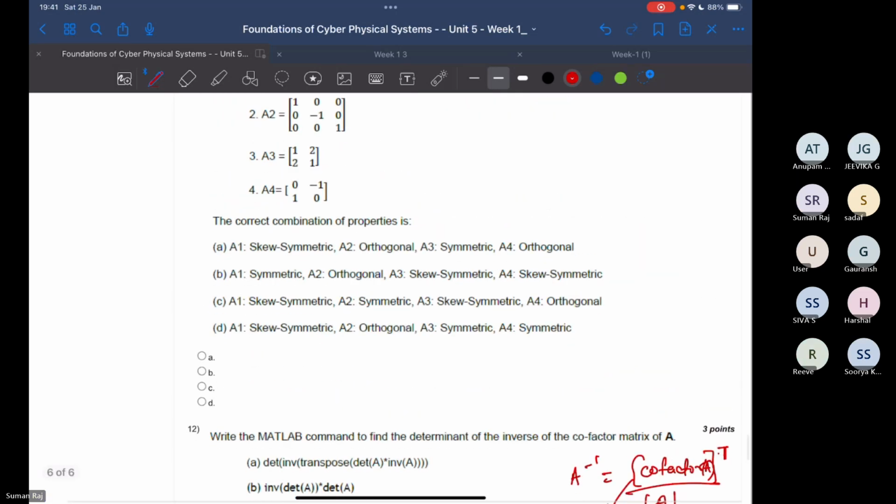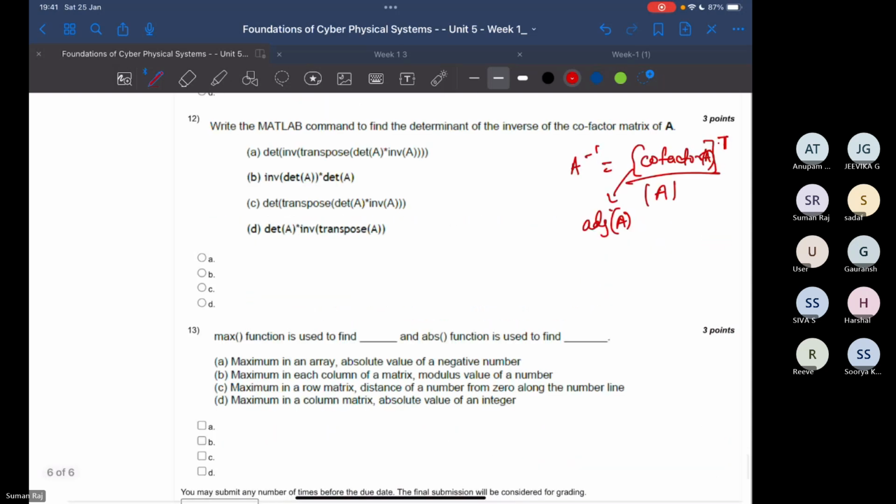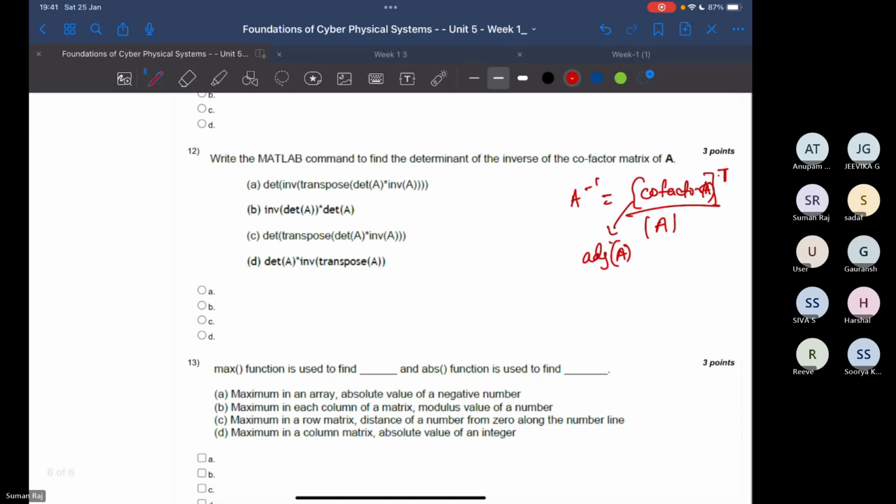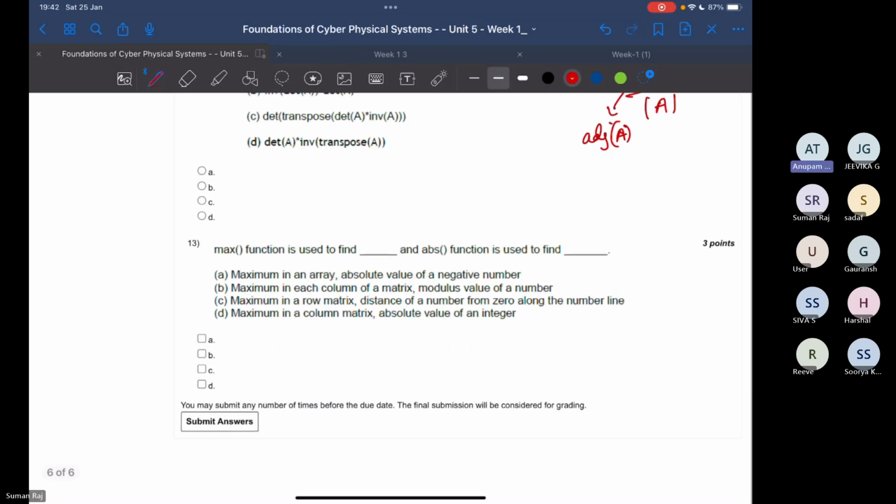Any other question? Thirteenth, ma'am, what is... Sorry, can you repeat? Now in this 13th question, are they taking a matrix or they are taking any number?